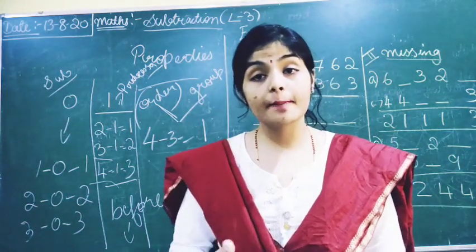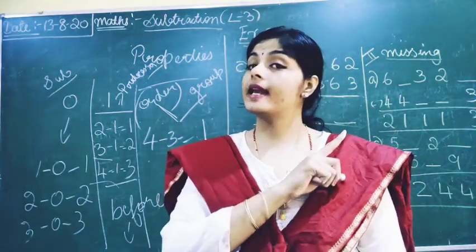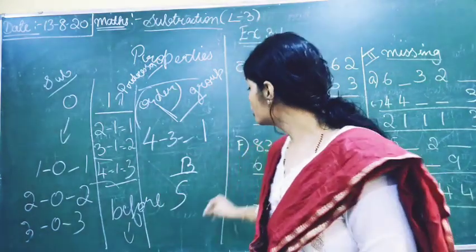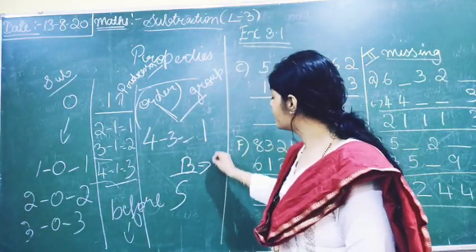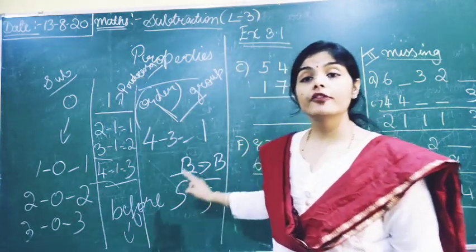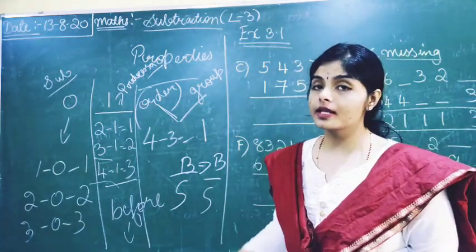You can never subtract a big number from a small number. Understood? Your top number should always be big. Your down number should always be small. If your top number is small and down number is big, you cannot subtract.